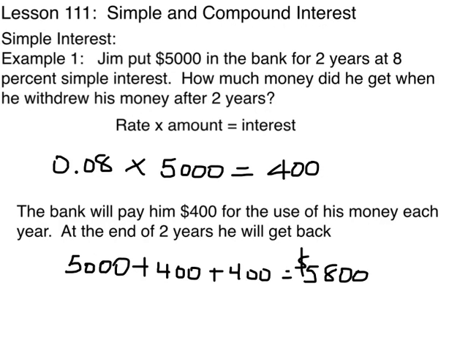And for the privilege of them loaning it out, the people they loan it to are going to pay interest back. Now, you better believe if they're paying him 8%, they're going to charge somebody else 10 or 12% for the use of the money. So they are making money on that. But so is he. He's going to get back $400 each year at simple interest. So he'll have a total of $5,800 at the end of 2 years. Not bad, right?